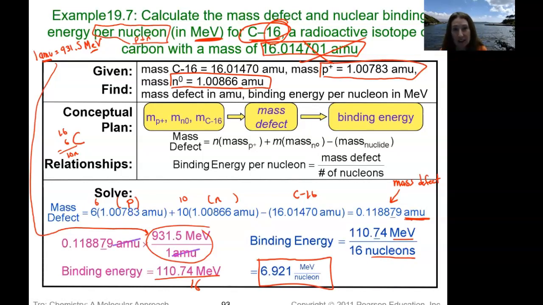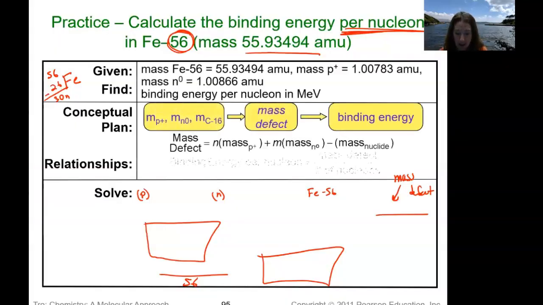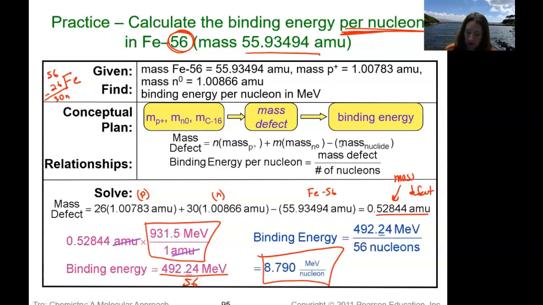So the higher it is, the more energy it is, the harder it is, the more stable it is. So this is our most stable one, and per nucleon we can compare them and see that this one is indeed 8.97 mega electron volts per nucleon, hence a more stable nucleus. Okay, so that is mass defect and binding energy.